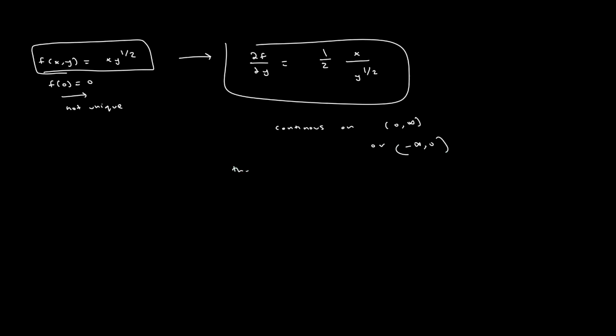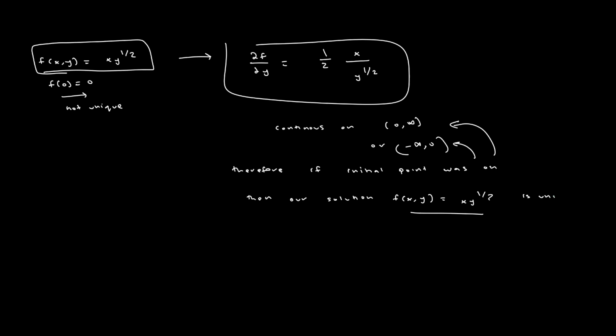Therefore, if the initial point was on one of these intervals, we would be able to conclude that our solution is unique by the previous theorem, right?